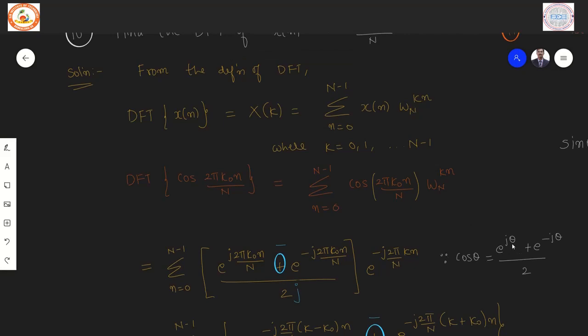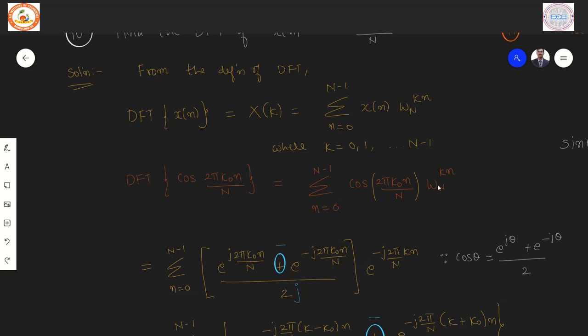Cos theta is equal to e power of j theta plus e power of minus j theta by 2. Therefore, the substitution will be cos of the quantity inside the bracket, that is theta. So we have e power of j theta plus e power of minus j theta divided by 2. Kindly ignore the symbols which are written in blue color. They are meant for a small variation of the same problem.